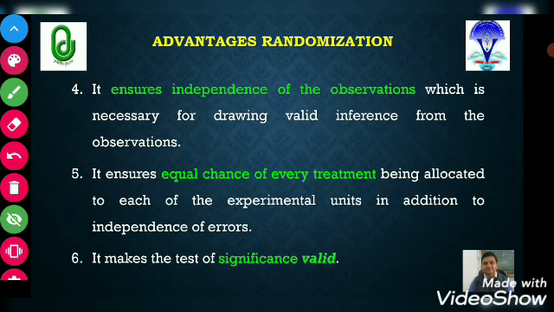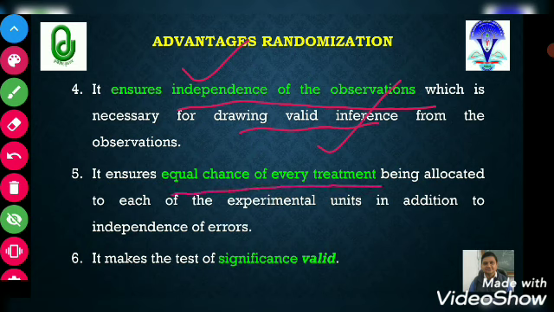The fourth one, it ensures the independence of observation. If your treatment is independently or randomly applied, the resulting observations will also be independent, which is necessary for drawing valid inference. Otherwise, your inference or interpretation will not be valid. It ensures equal chance for every treatment.